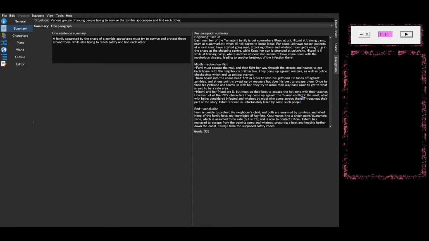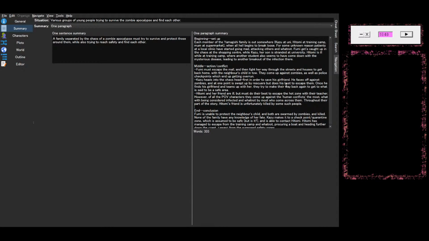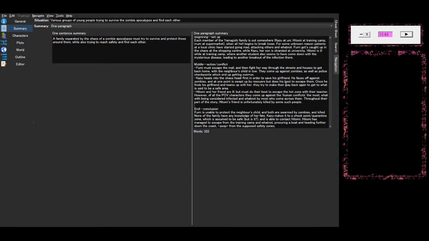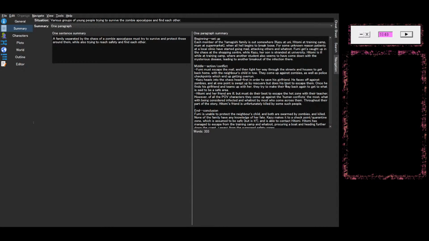It doesn't have to be super in-depth or super accurate, as long as you've got a basic idea, because the next thing we're going to do is expand on that. You take each point, like your beginning, and expand that into its own beginning, middle, end.